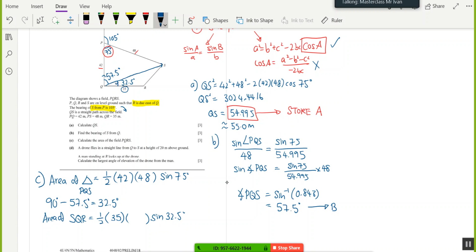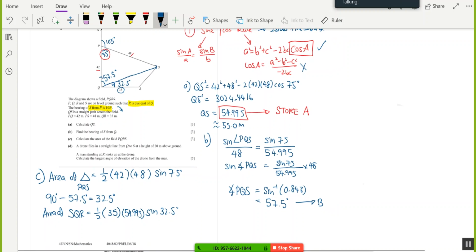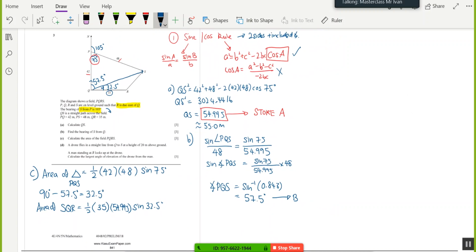Where, how much is QS? 54.995. Okay, so the total area equals, so this guy equals to something, and then this guy equals to something.